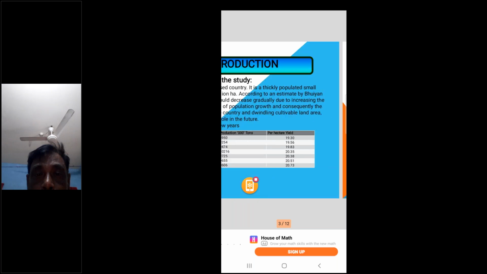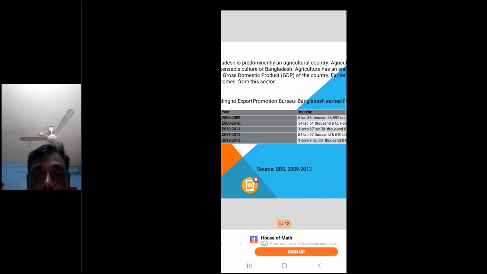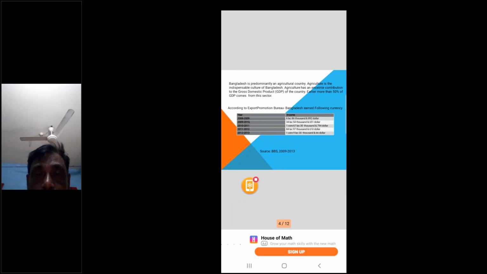This is the next slide. Bangladesh is a predominantly agricultural country. Agriculture is the indispensable culture of Bangladesh and makes an important contribution to the gross domestic product of Bangladesh.